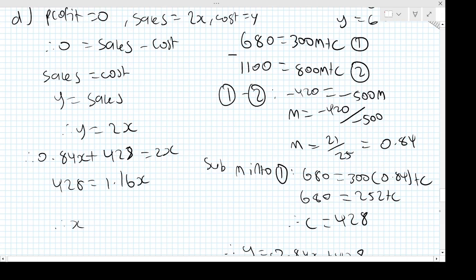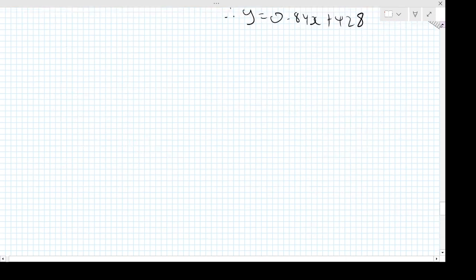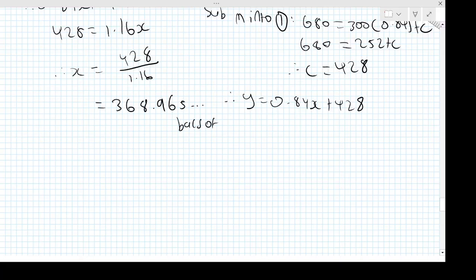Therefore, x then is 428 divided by 1.16, and that would get me 368.965... bars of soap.